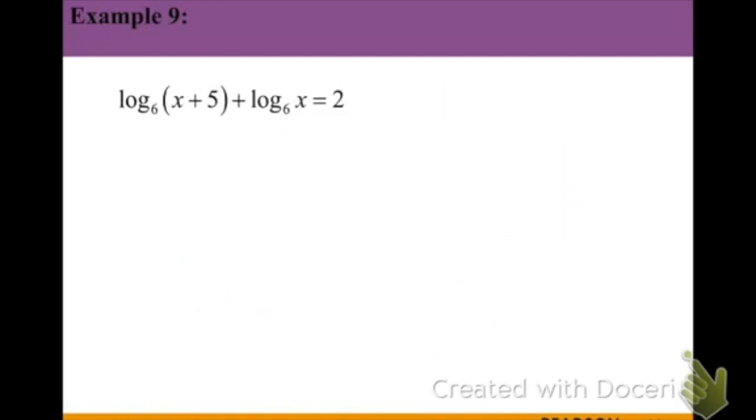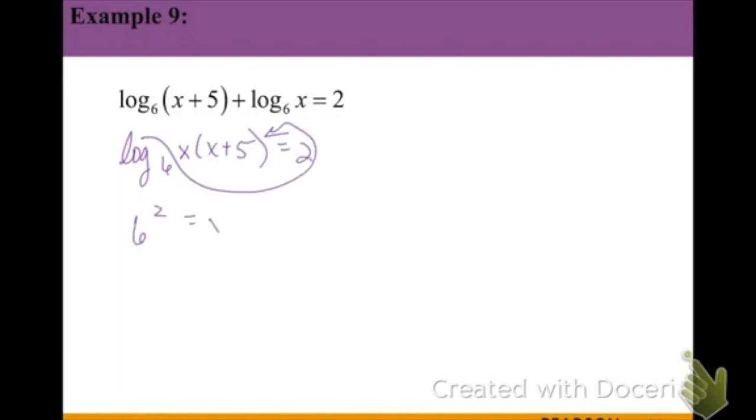All right, example 9. Again, let's condense. So we're going to take x times x plus 5, and then let's rewrite. So 6 to the second power equals x squared plus 5x. Subtract your 36 over. And then let's factor.